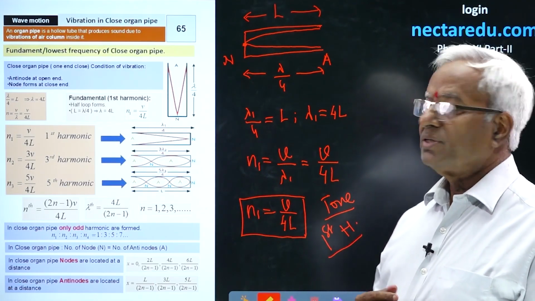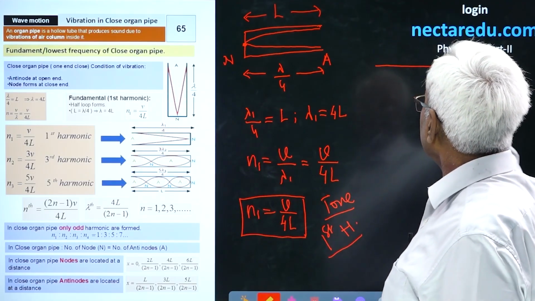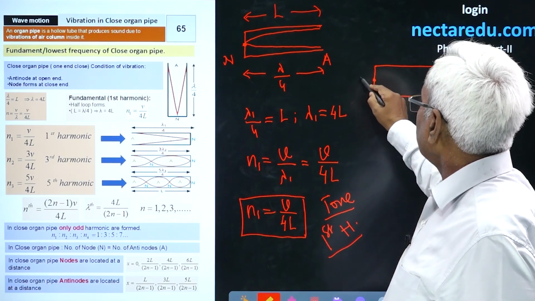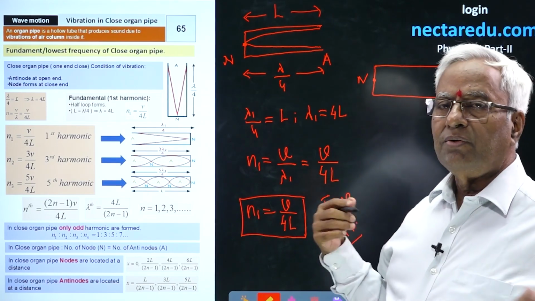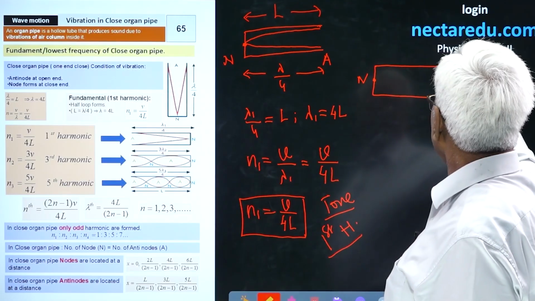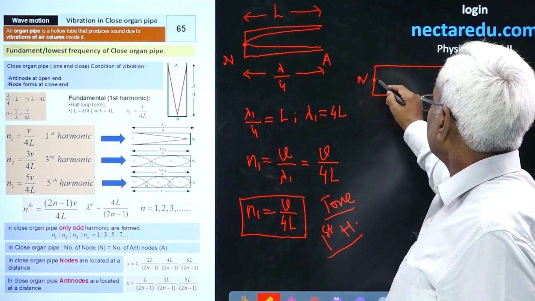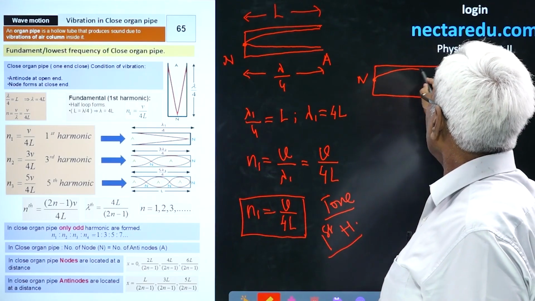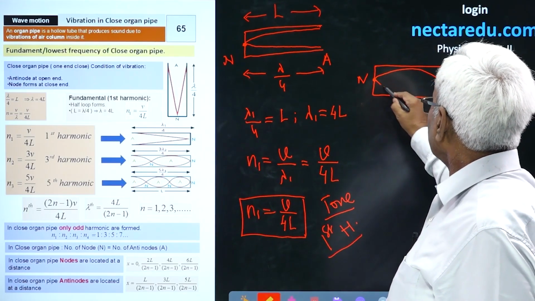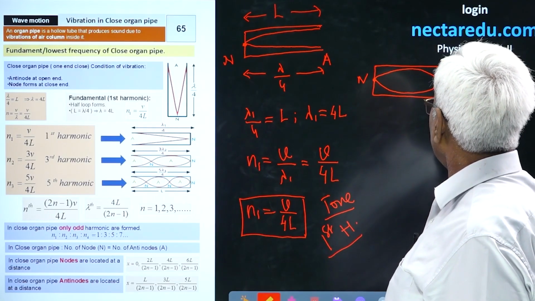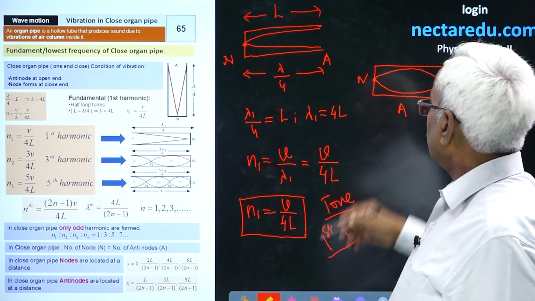Now, it is very interesting if you consider the second higher possibility. That means you have to increase one node, but you know node and antinode will always increase in pair. So, the case now going to be possible is this way: one more node and one antinode.